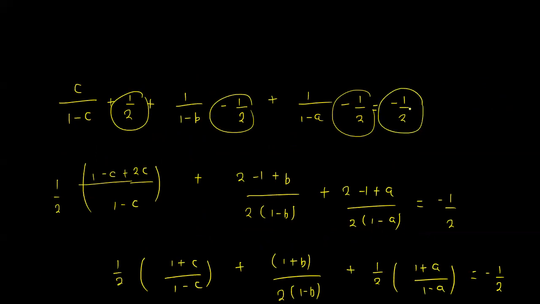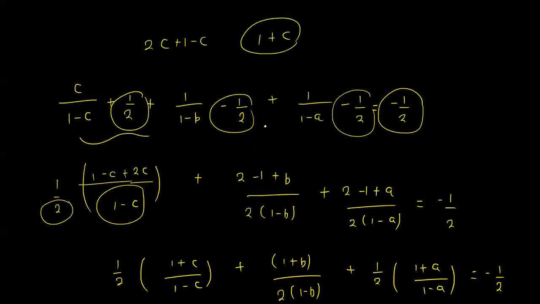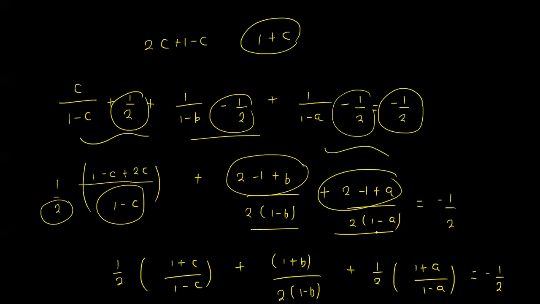So eventually in the right hand side it will become minus half. And you can take LCM of these two, so then it will become 2 times 1 minus c, and in the numerator it will form 2 times c plus 1 minus c, so it is 1 plus c. Likewise, from these two, it will become 2 minus 1 plus b in the numerator, and from here 2 minus 1 plus a, and in the denominator this thing will become.